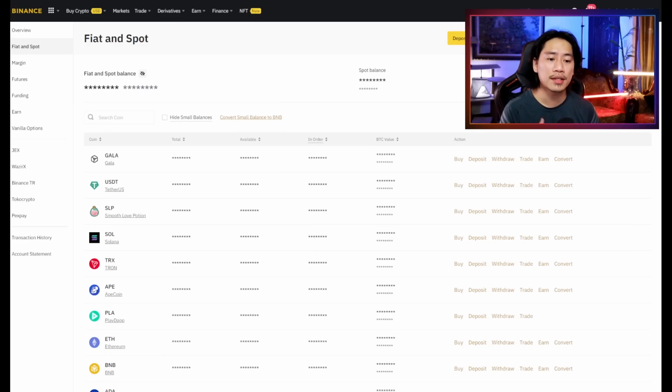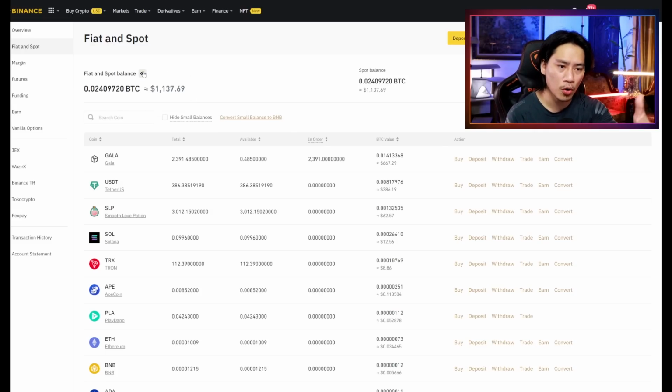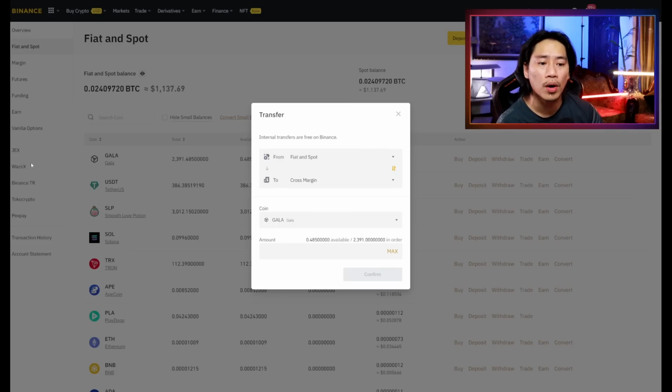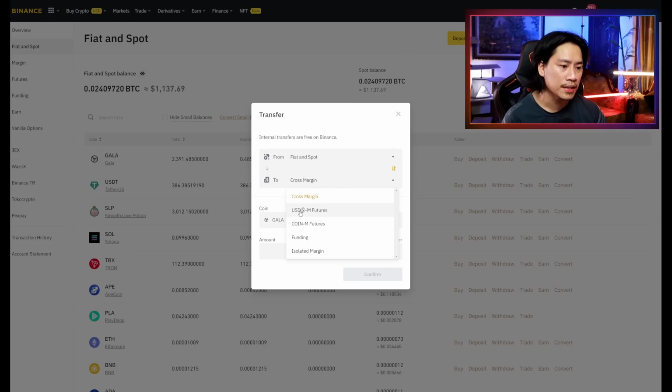For this tutorial, I will be focusing on the USDT, or the Tether. So that will be the one that we are going to use. Okay, so I'll just open this up, and then what we're going to do is transfer. So click on transfer, because this is the spot wallet that I have, guys. So from, and then going to USDM Futures.